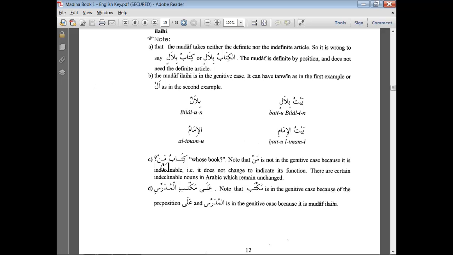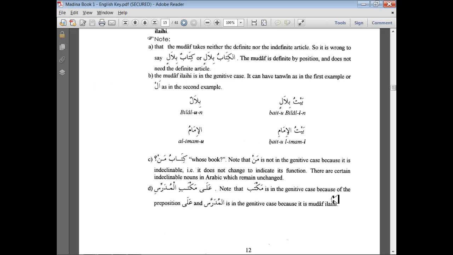All right, so we would say it does not change to indicate its function, and there are certain indeclinable nouns in Arabic which remain unchanged, and that's what we'll study later. That will come far later, so don't worry about that too much. But that's the reason why there's not a kasra here or a tanween.